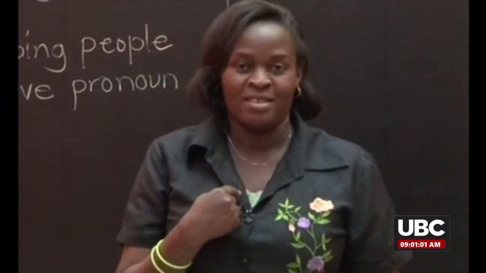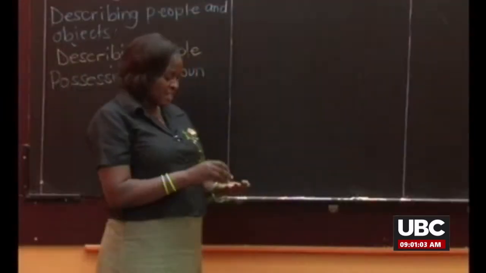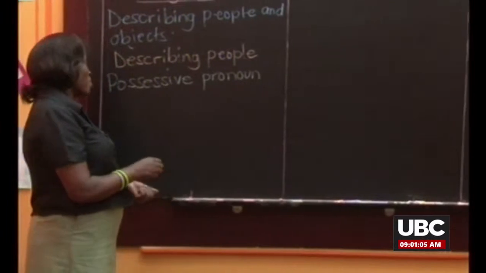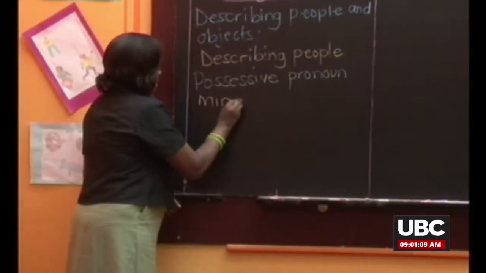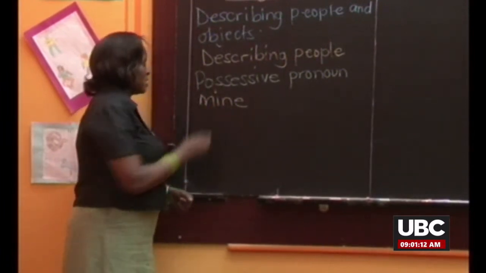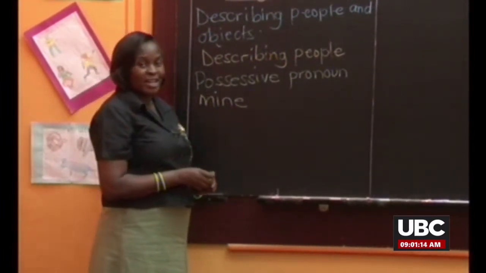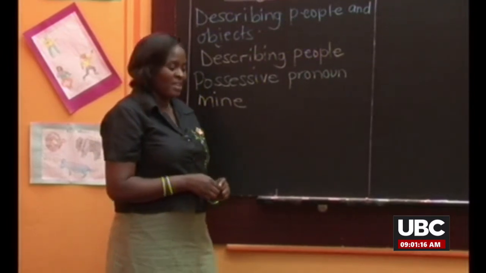That's why I welcomed you by saying, welcome to my school. The school belongs to me, which means the school is mine. So mine is a possessive pronoun. As our first possessive word, we are going to look at mine.